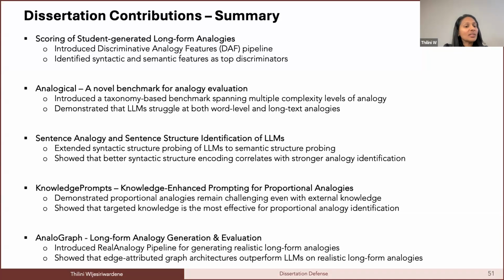And then we looked at sentence analogies and how sentence structure identification in LLMs helps identify these sentence analogies. We extended this syntactic structure probing method of LLMs to semantic structure probing, and we showed that better syntactic structure encoding correlates with strong analogy identification.